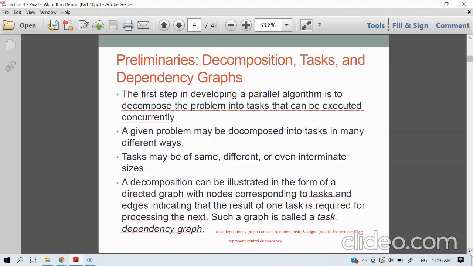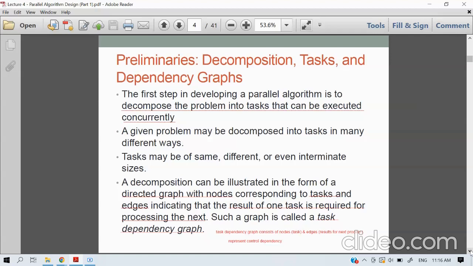So when we want to make a decomposition, we can plan or draft our process of decomposition by using a directed graph, with the circle shapes as nodes and the arrows as edges, corresponding to tasks and edges. The node represents the task, and the directed line is also known as an edge.